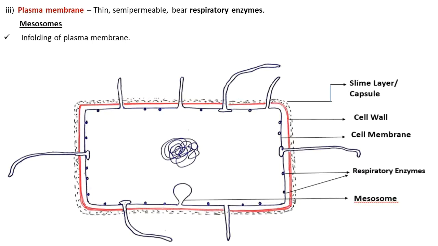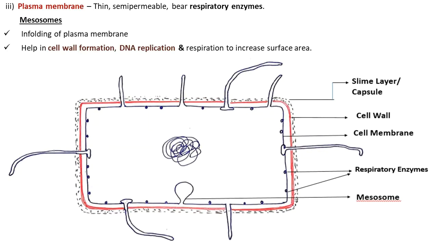It mainly helps in cell division, means cell wall formation or DNA replication, which is usually by binary fission in bacteria. This point I have already taken up with you. Since it is an infold, it helps in increasing the surface area. Means it also helps in respiration.